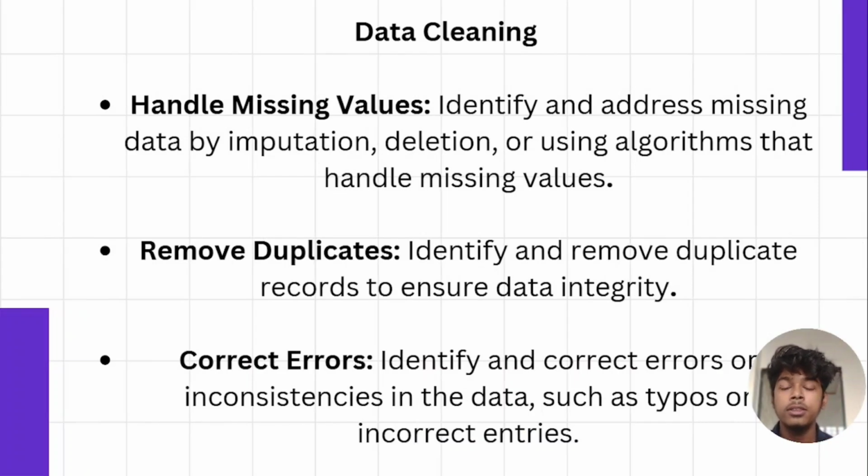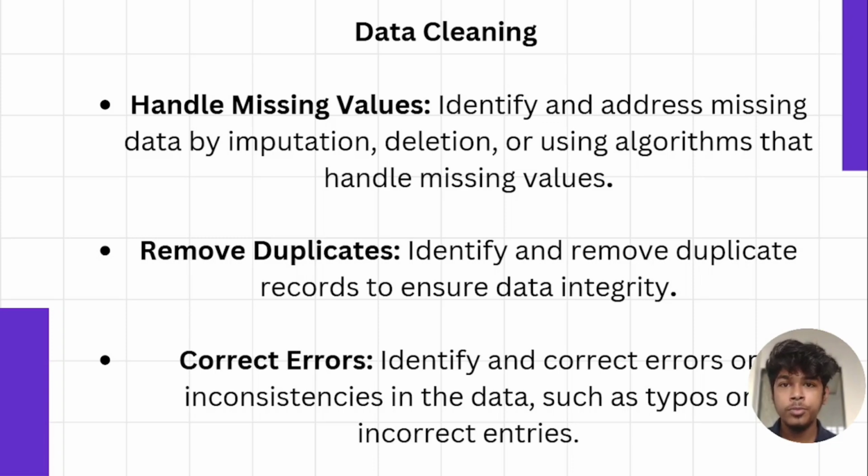Data cleaning. In this stage, we will clean the data to make it suitable for analysis. First, handle missing values. We will identify and address missing data by imputation, deleting, or using an algorithm that helps to handle missing values. Remove duplicates.